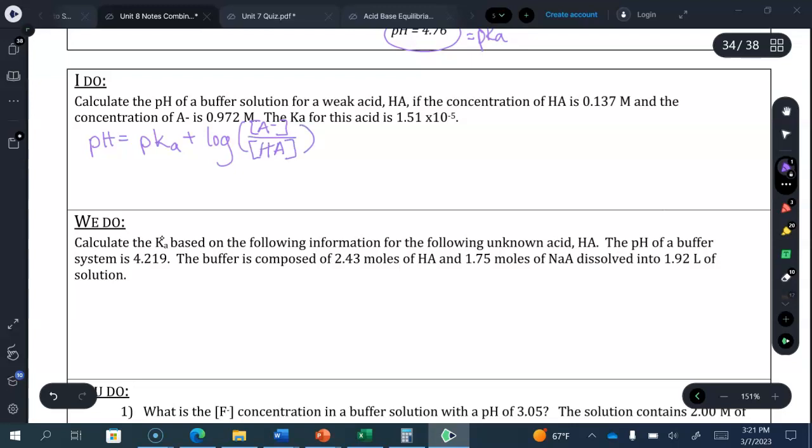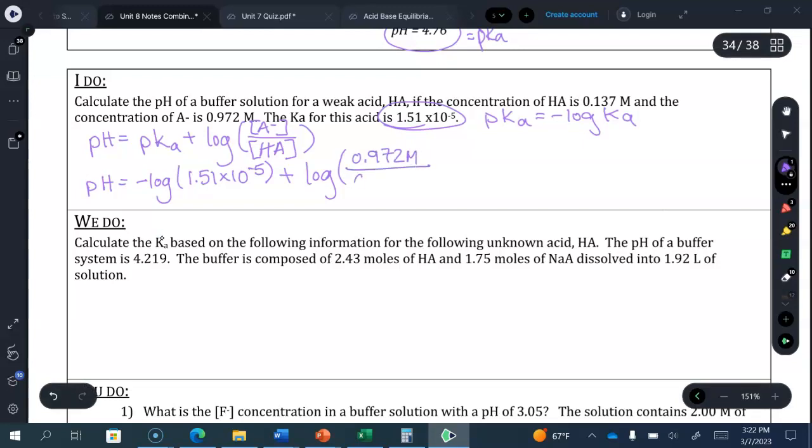Okay, substituting for the values we know, pH is going to be equal to pKa, which means we're going to take the negative log of this. Remember that pKa is the negative log of the Ka value. So we're going to take the negative log of the Ka value, which is 1.51 times 10 to the negative 5th, plus the log of the conjugate base concentration divided by the acid concentration.